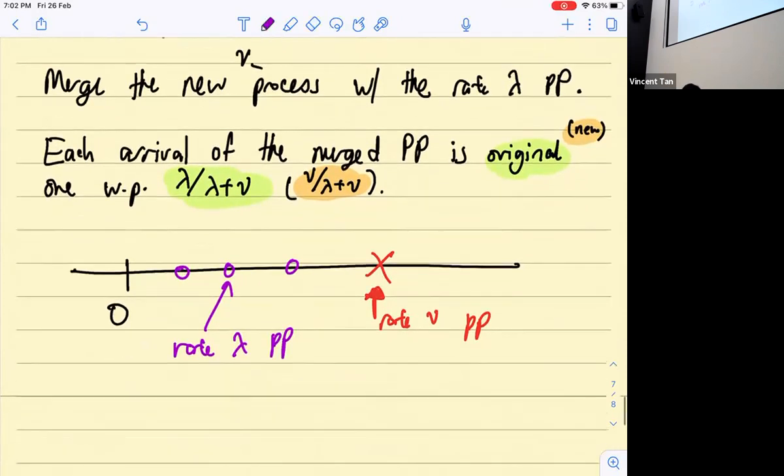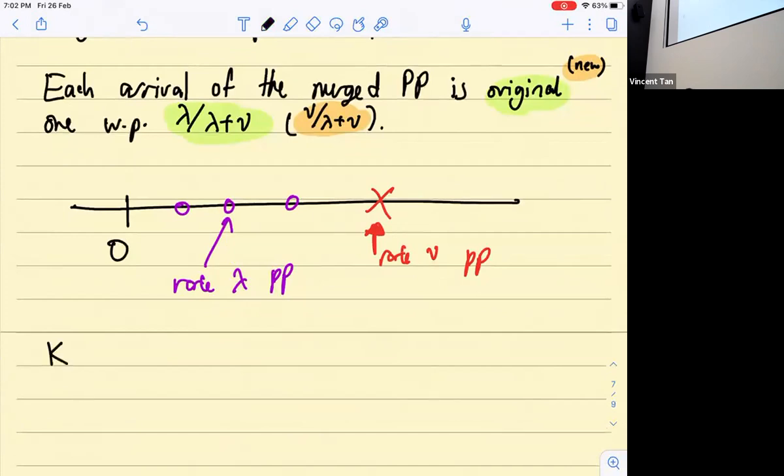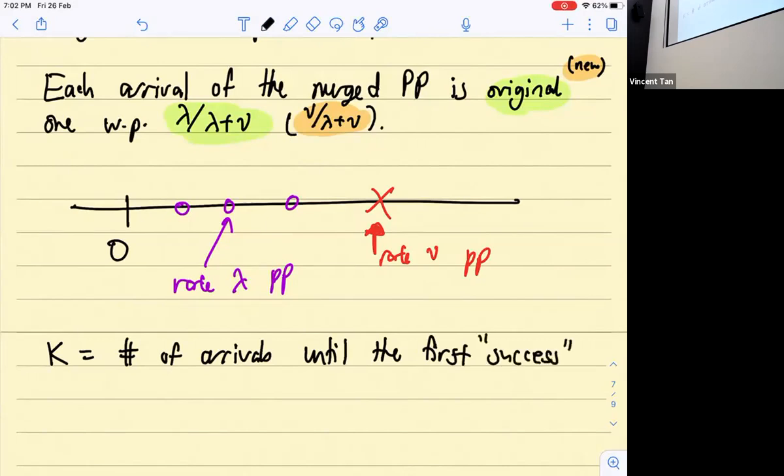All right. So let us define a few key quantities. Let K be equal to the number of arrivals until the first success, where success is defined as the arrival of the new process.